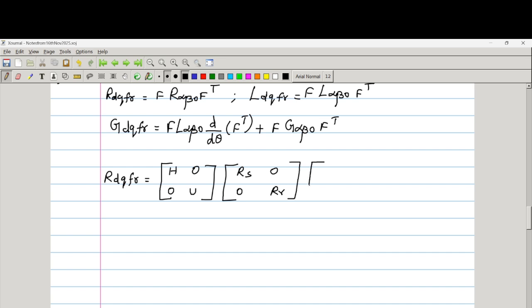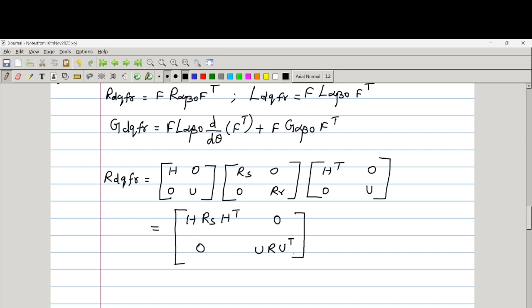Then into F transpose, which is nothing but H transpose 0 0 U transpose. We are going to calculate now. So when we do this, we should know what is meant by H transpose. H also, I have already explained what is meant by H. When we multiply these three matrices, we will get the value as H RS H transpose, then 0, then 0, then U RR U transpose.